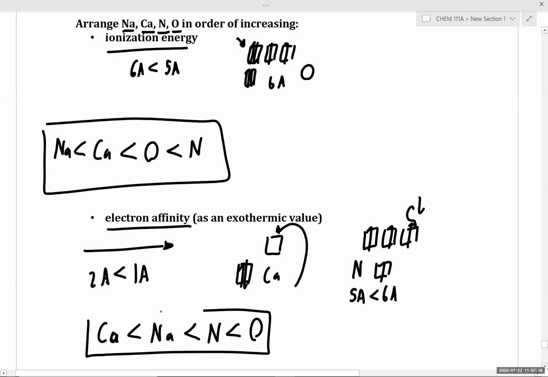So this is our ranking for these elements in order of increasing electron affinity, with oxygen having the largest electron affinity. Does this example make sense to everyone so far?